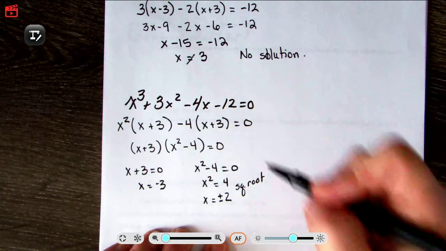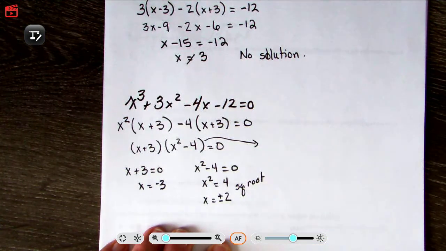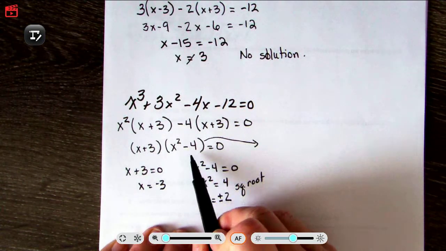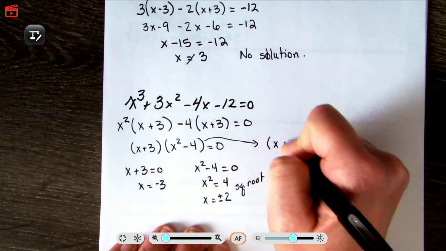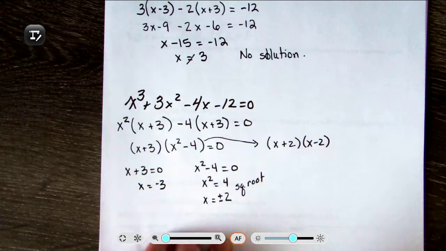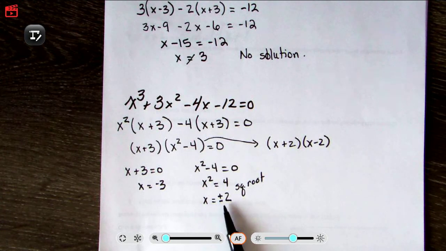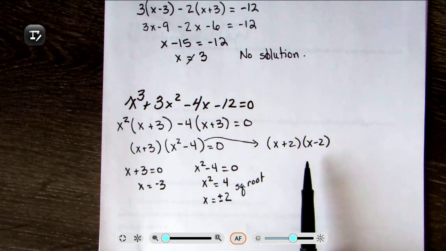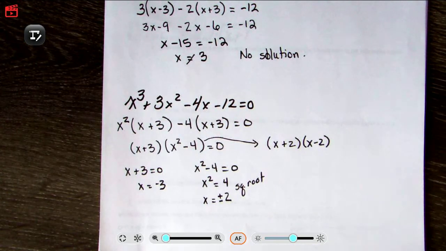You could have, if you had seen it, and some of you probably did, this can be factored further. That x squared minus 4 can be factored into x plus 2 and x minus 2. And in that case, you see the plus or minus coming out. So here we would not have needed to remember that plus or minus 2 because we see them when we see those factors.